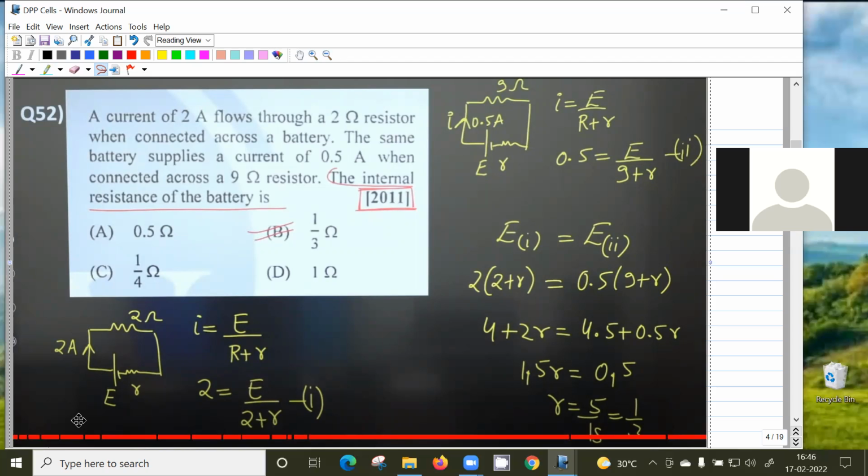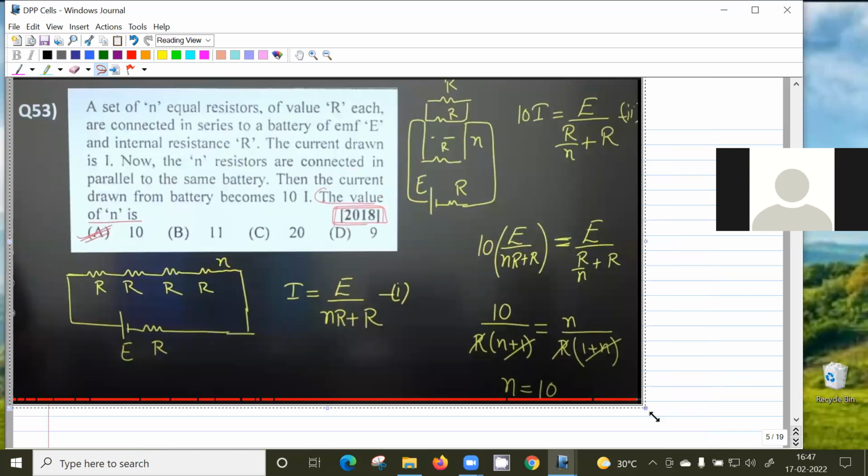So basically 2 equations and 2 unknowns. Done? One minute. One by 3.